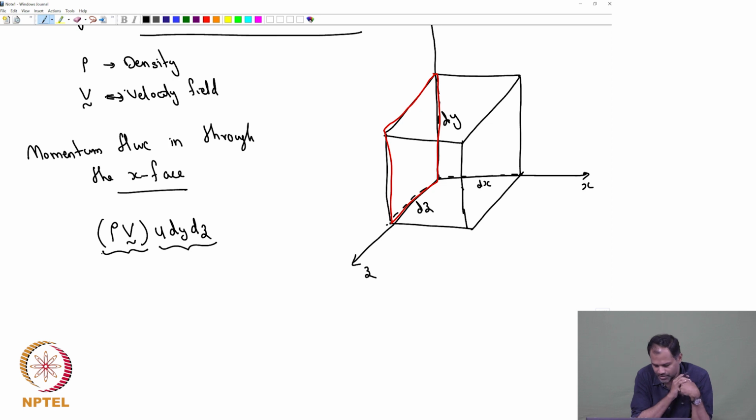dy dz. And what will be the momentum that is out through the other face, let us say the face that I mark as green.